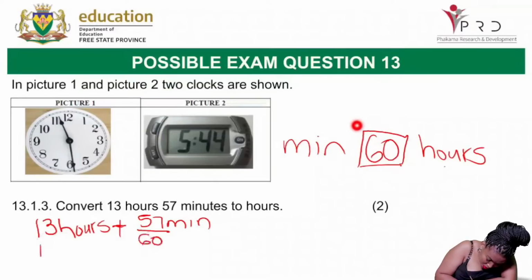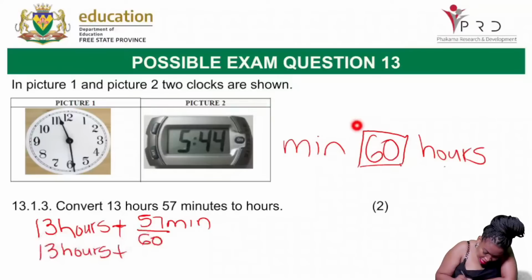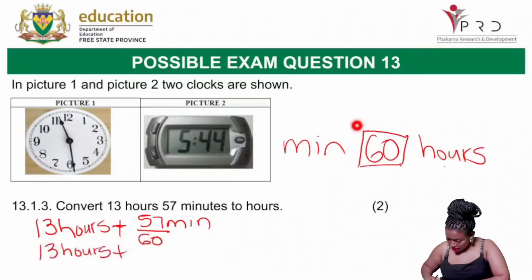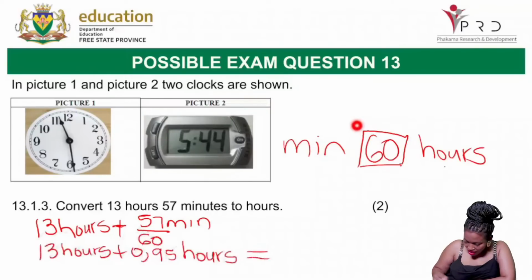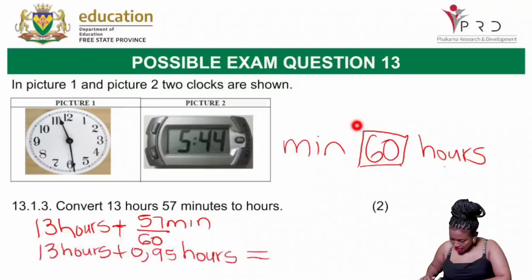By 60. So this would be 13 hours plus. Punch your calculator. You say 57, and then we divide that by 60. It is 0.95. But remember now, it is hours. So you just add the 0.95 to 13.